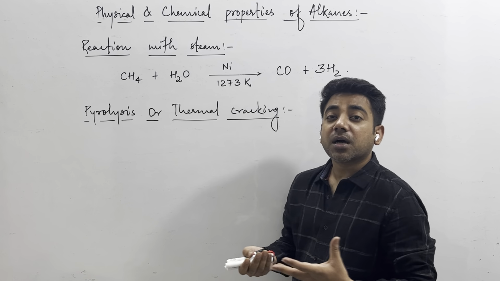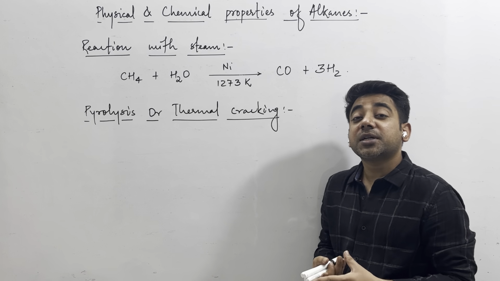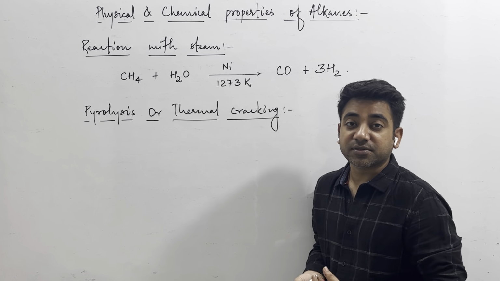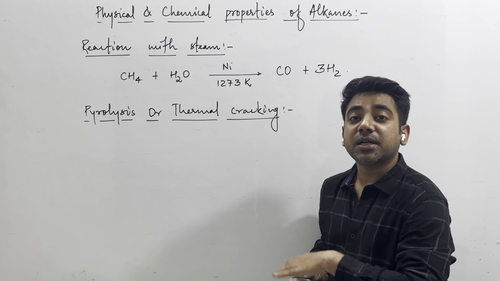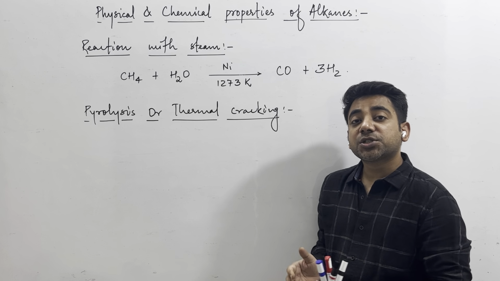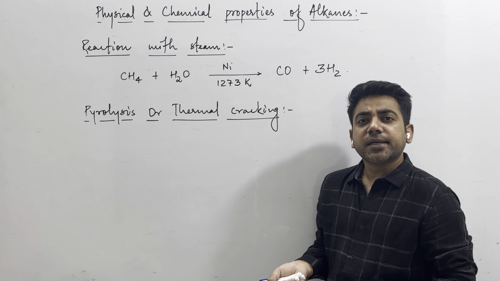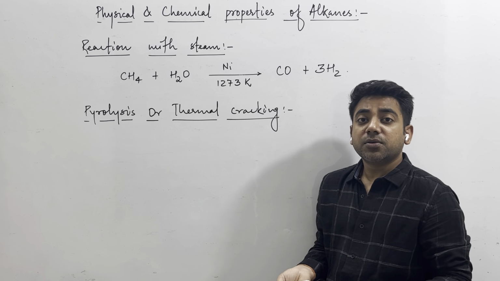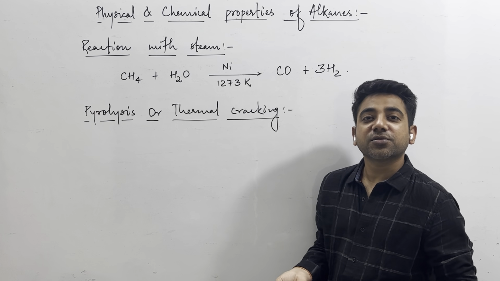Many carbon-carbon bonds cleave, and carbon-hydrogen bonds also cleave. So it mainly involves cleavage of carbon-carbon and carbon-hydrogen bonds, and that is why it gives a mixture of hydrocarbons as the product, which can be smaller, lower alkanes, or alkenes or alkynes also.